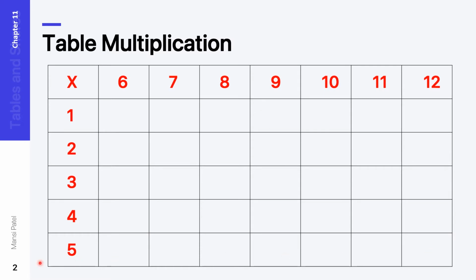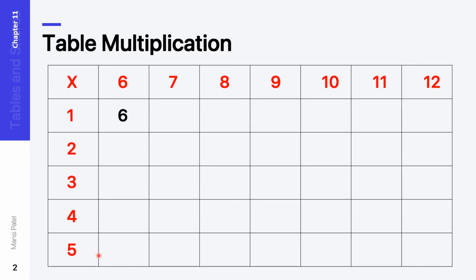So see here, if you want to do the multiplication in this box, whose answer do you have to write down? First you have to do the multiplication of 6 and 1. So 6 ones are 6. So you have to write down 6 in this box. Now do the multiplication 6 and 2.